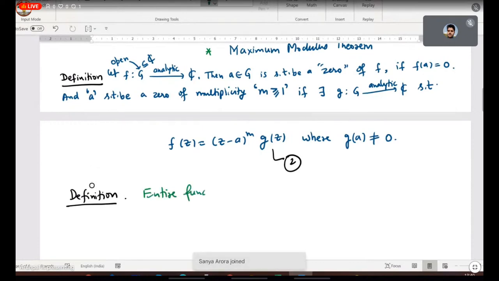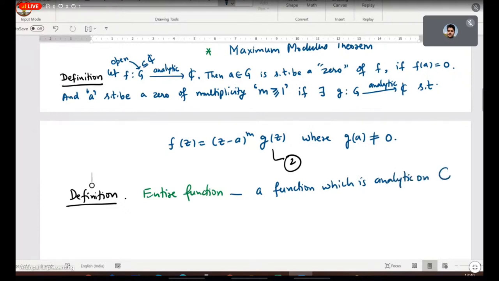Class, all of you know the meaning of an entire function. An entire function means simply a function, of course we are talking of complex valued functions, which is analytic on the entire complex plane. Good enough.